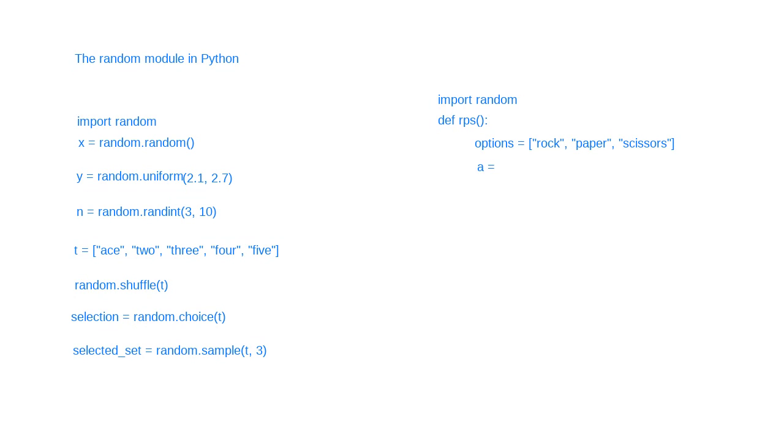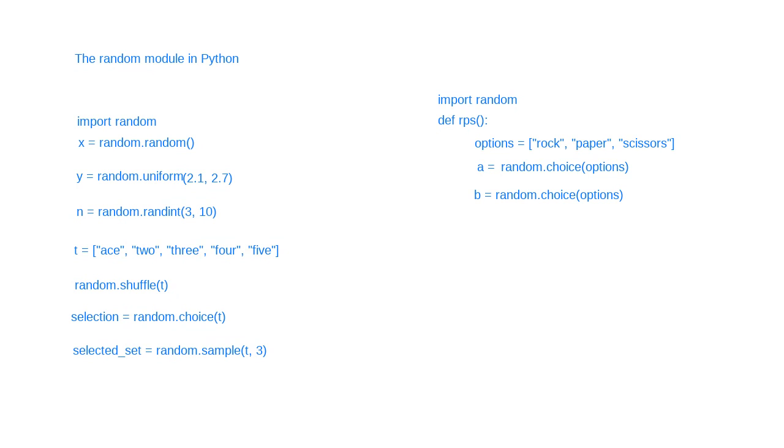And so for player A, we will have player A make a random choice. And then we will have player B make a random choice.